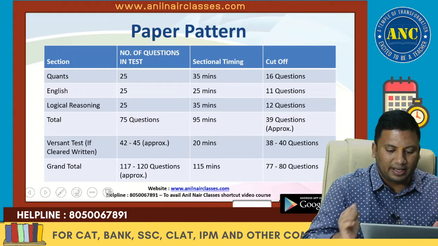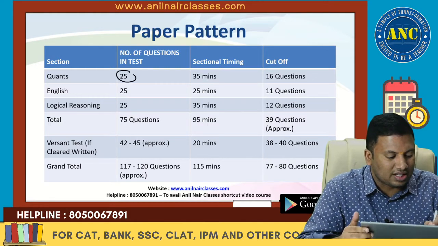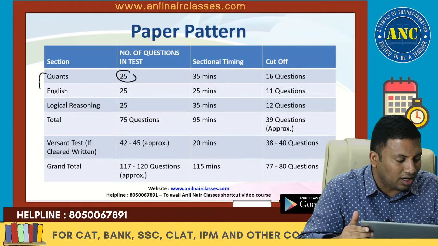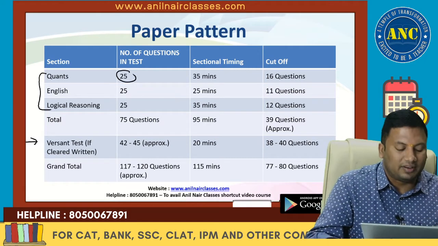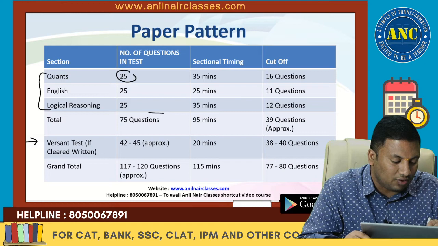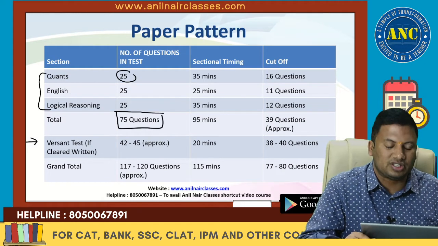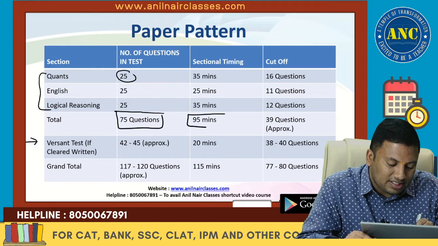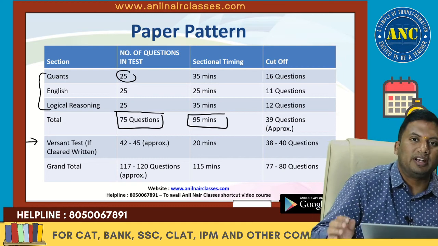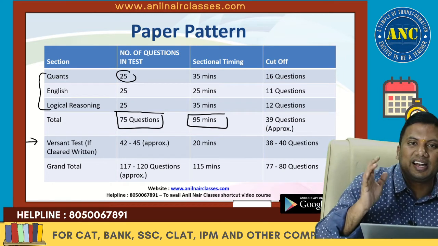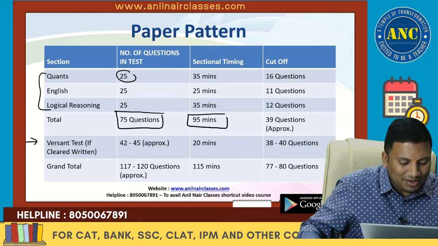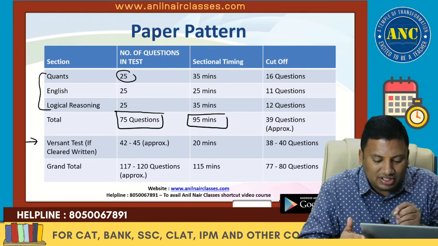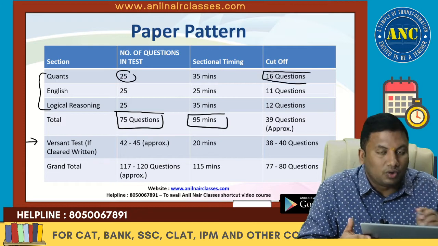Only if you clear these Quant, English and logical reasoning sections can you get into the Versant test. In the first round, 75 questions will be given, and 95 minutes is the time limit. You have to clear the sectional cutoff of each and every subtopic, that is Quant, English and reasoning. 16 questions out of 25 is the cutoff in Quant.